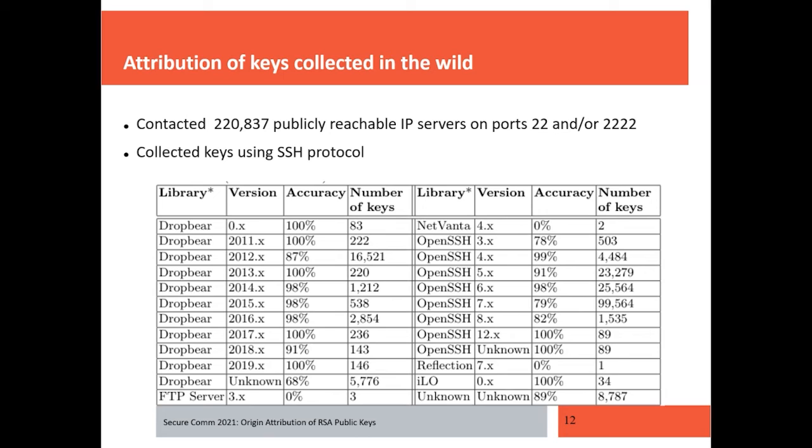We are able to attribute keys to their originating library and its version. We can see that the performance ranges between 68% to 100% accuracy. For those results where we have 0% accuracy, this is because of the lack of sufficient data.